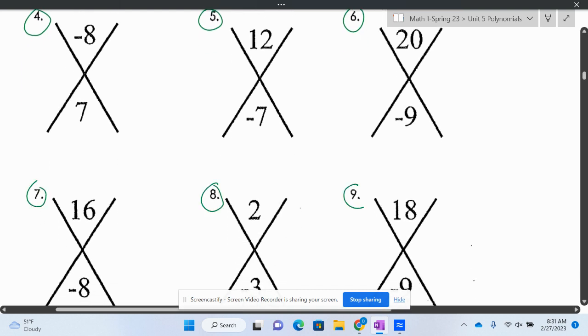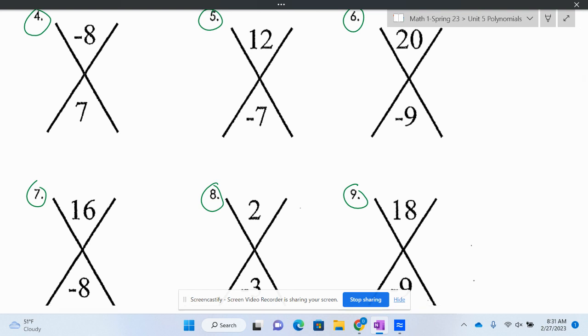I'm going to give you 6 minutes right now, and then I'm going to go to your homework page because I'd like to do 2 problems together with you. Complete those, and then we're going to go to our homework page.